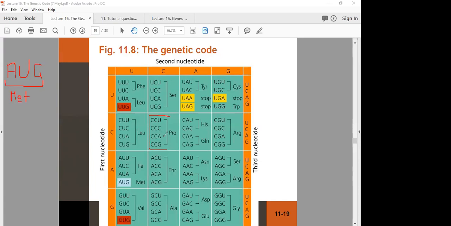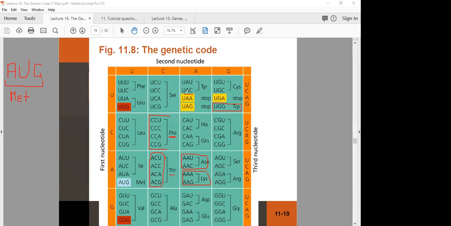It will still encode the same amino acid, still encodes proline. Here's another one, threonine, which is also encoded by 4 different codons. Some of them are only encoded by 2 different codons, as we can see here, for asparagine or for lysine. There's one here, tryptophan, which is only encoded by 1 single codon here.